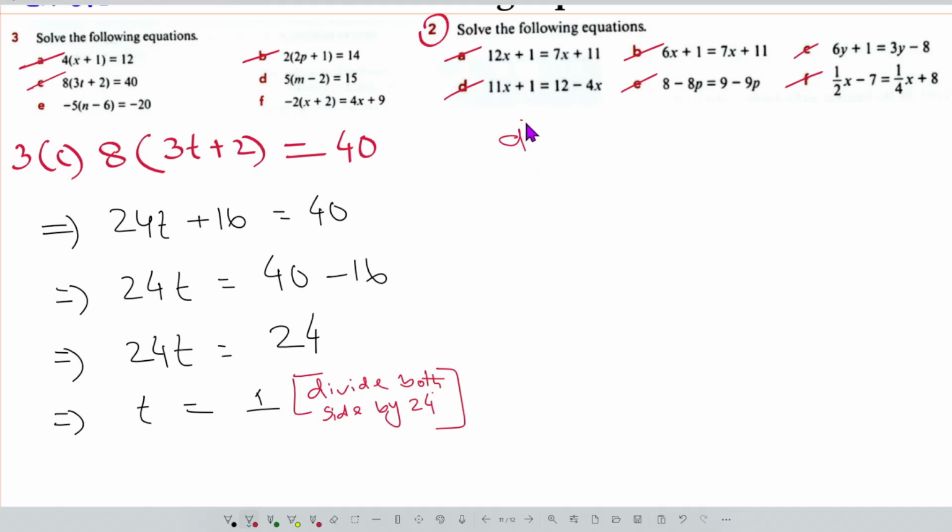Then D, 5 times (m minus 2) equals 15. So this one we can do two ways. First expand this one, then we can simplify, or we can divide both sides by 5. So 5 will be out, and 15 divided by 5 is 3.